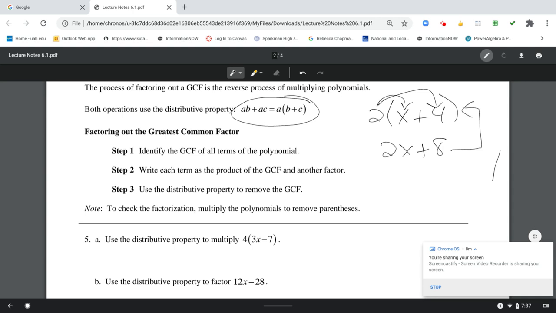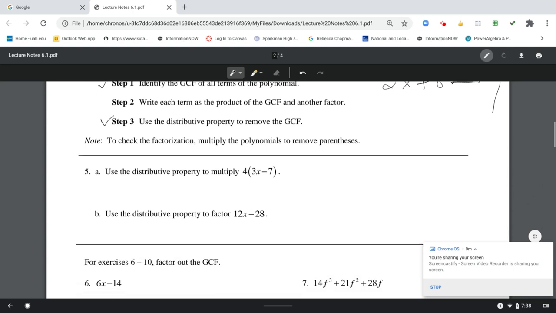So first step is to identify the greatest common factor of all the terms in the polynomial, which means numbers and variables if possible. You're going to write each term as the product of the greatest common factor and another factor, and then you're going to use the distributive property to remove the greatest common factor. So this step 3 is where we're going to actually go backwards. Okay.